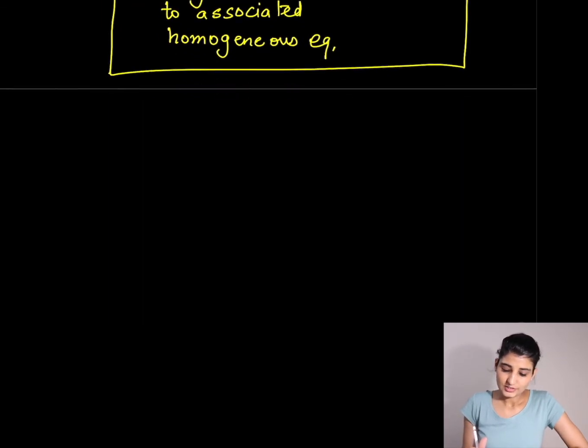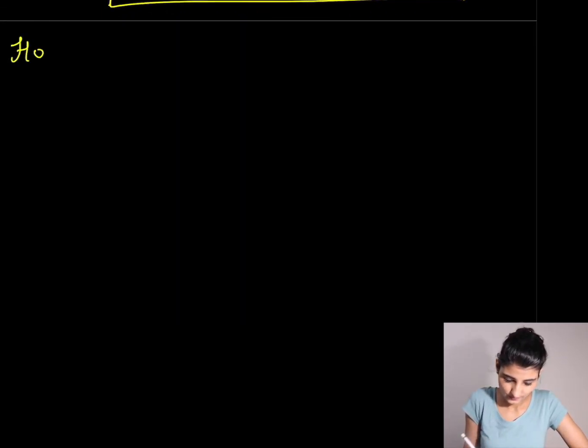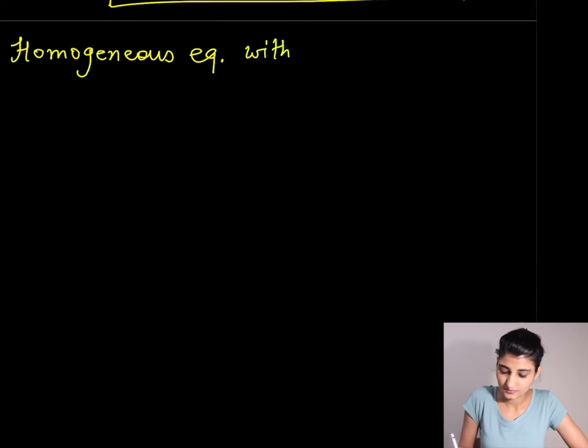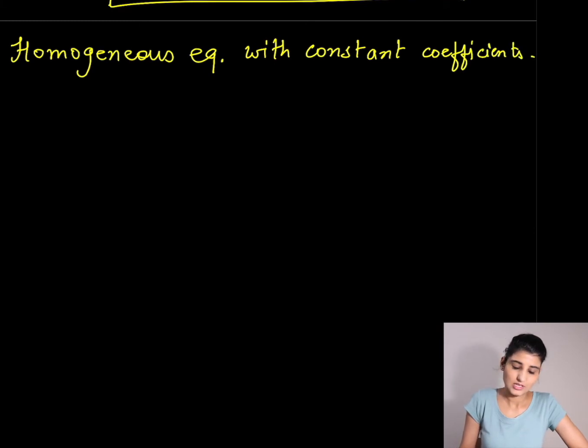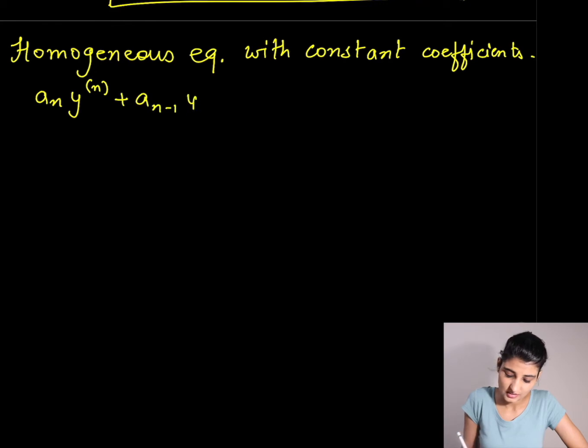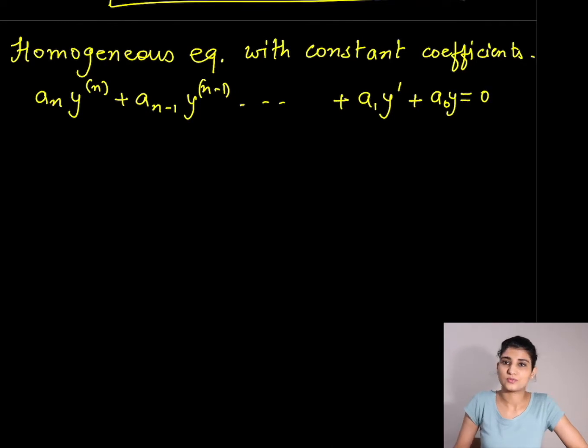Now we move forward to homogeneous equations with constant coefficients, and the general form is an times the nth derivative, plus an minus 1 times the n minus 1th derivative, and so on, plus a1 times the first derivative, plus a naught, equal to 0.